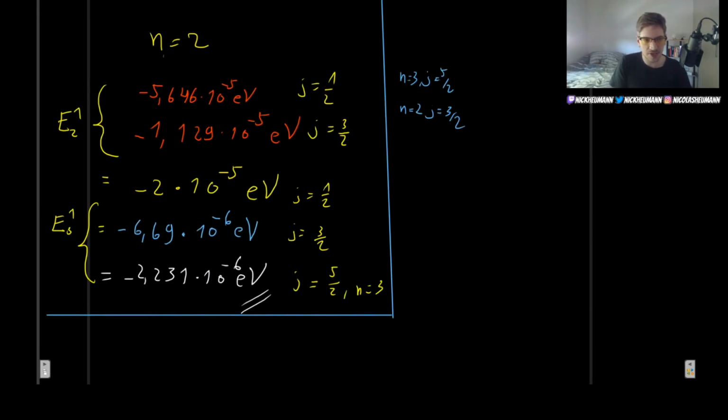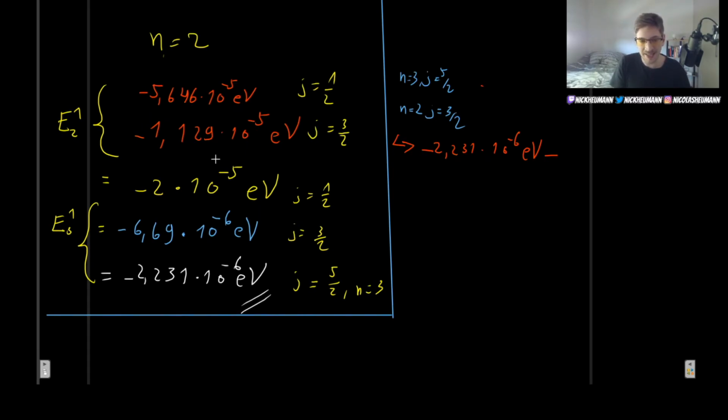So let's now start. What is the energy from n equals 3, j equals 5/2? It's this one right here. So it is minus 2.231 times 10 to the minus 6 eV, minus, I said 3/2, so we have to take this one.